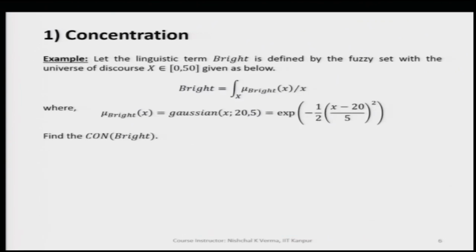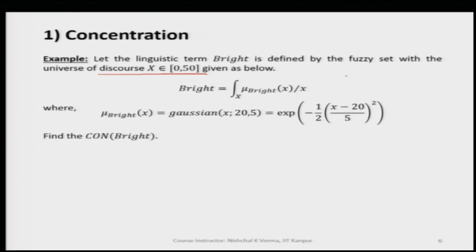Now, let us take another example for the concentration of a continuous fuzzy set. If we have a linguistic term defined by a suitable fuzzy set, let us say it is named bright, then bright is represented by a suitable continuous fuzzy set, and the universe of discourse here is from 0 to 50.